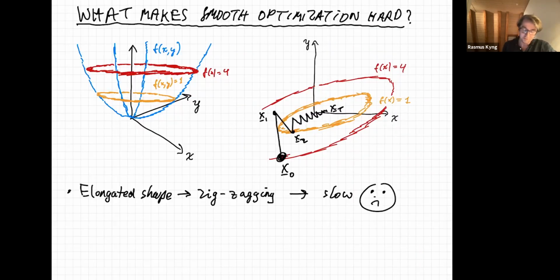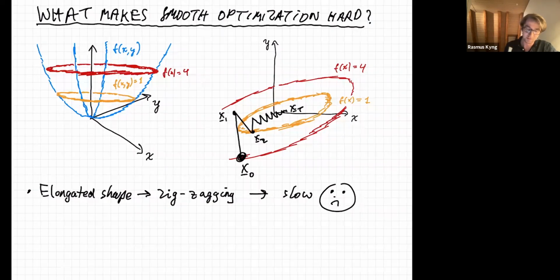And now the trouble is with this elongated shape that we have here, it makes gradient descent do a kind of weird zigzagging, so that you spend most of your time moving back and forth in the steep direction, and you don't make that much progress along the less steep direction. So this zigzagging makes your algorithm slow. Now, it turns out that you can do something that helps quite a lot with this.